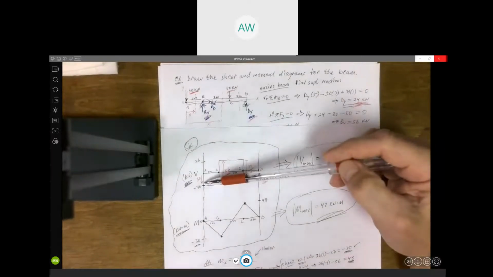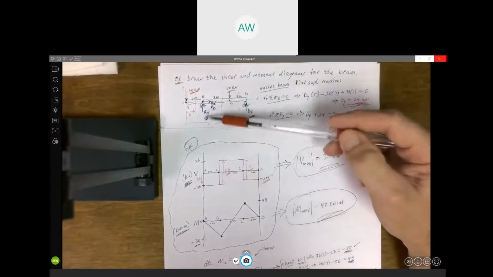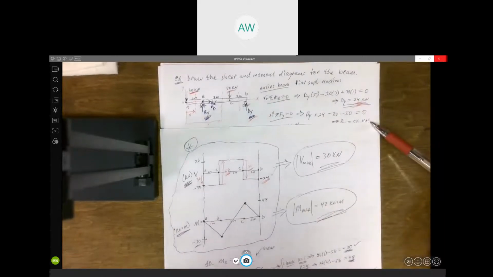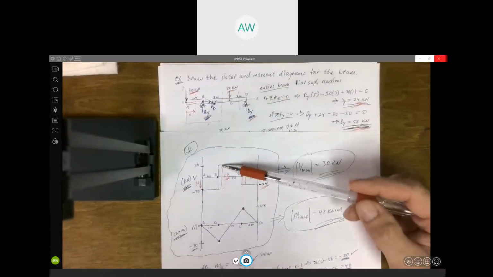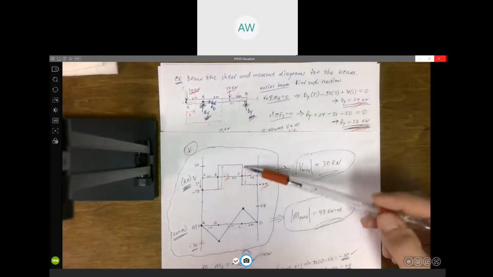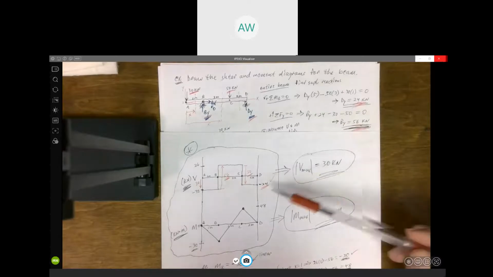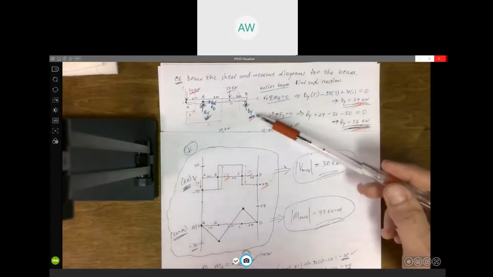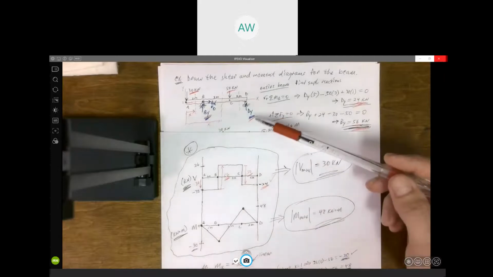Our shear diagram goes down 30. We come over here, we got this concentrated force, By was 56. Our shear diagram goes up 56. And then our concentrated force of 50, it goes down 50. And we wind up at the same value as our support reaction there.